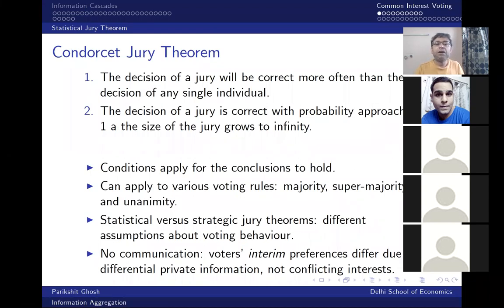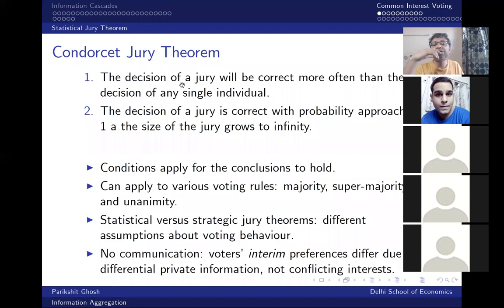Now, Condorcet constructed this problem and analyzed it, not fully, and he reached a certain number of conclusions, which have come to be famously known as the Condorcet jury theorems. So let me summarize the conclusions for you.